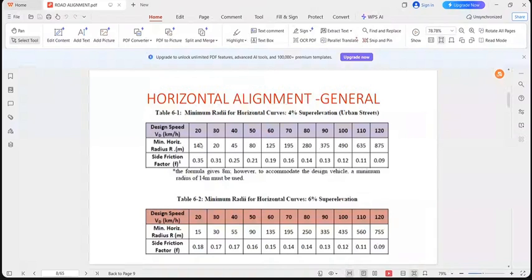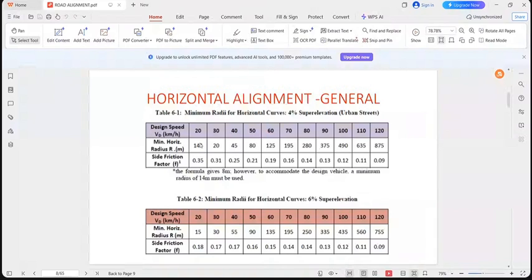Reverse curves are curves made up of two different radii, and they are in the opposite direction. That's the major thing. They can even have the same radius, but they are in the opposite direction.